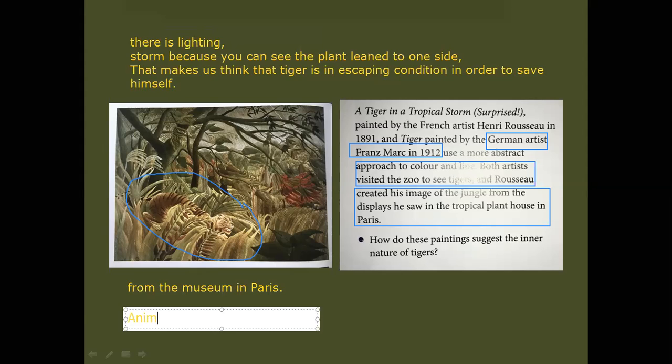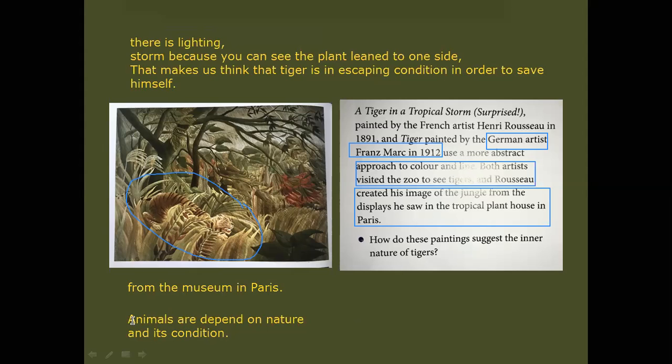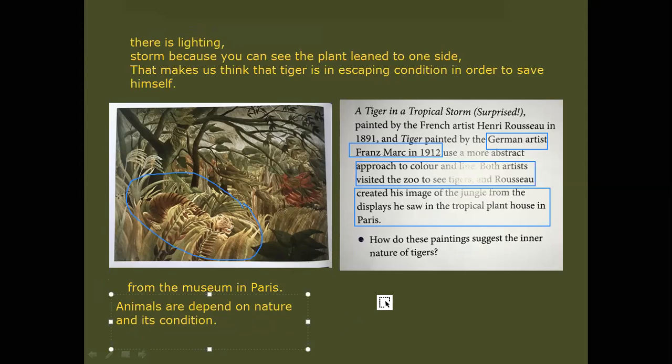That means animals depend on themselves. Nature condition. Do you think? Right? Yes. Animals depend on nature and its condition. If the weather is in a terrible condition, they have to escape, to run away.